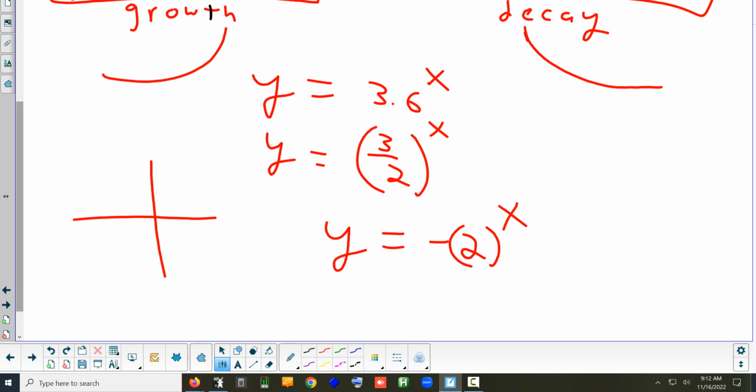So instead of looking like this, it would look like that because you flipped it. I don't think that would be considered growth. Would it be considered decay? I don't think so, because growth is always going up and to the right. Decay is going down as you go to the right. When you flip it, that's really changing it completely.